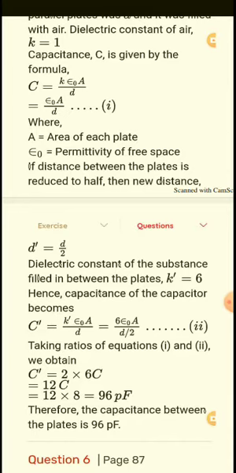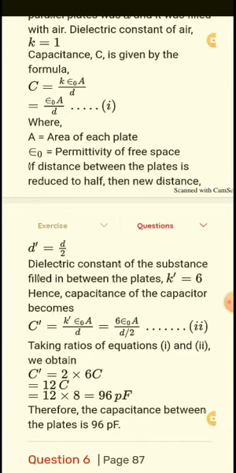we will get the answer as C dash is equal to 2 into 6C. So 2 into 6 can be written as 12C. So C dash is equal to K epsilon naught A divided by D is equal to 6 epsilon naught A divided by D by 2.